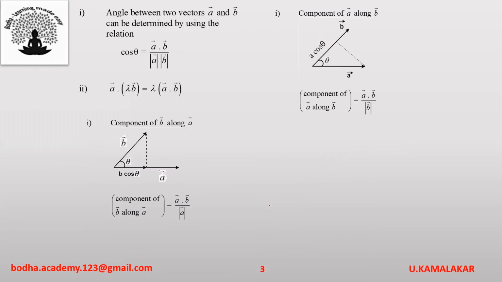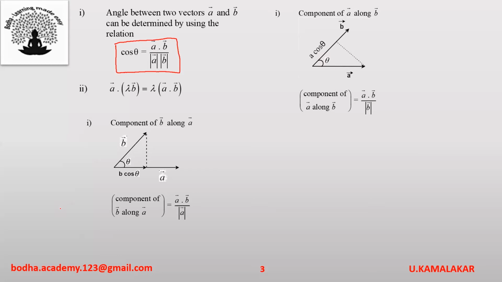Next point, the angle between two vectors a bar and b bar can be determined by using the relation cos theta is equal to a bar dot b bar divided by mod a bar into mod b bar. Next point, a bar dot lambda b bar is equal to lambda into a bar dot b bar.